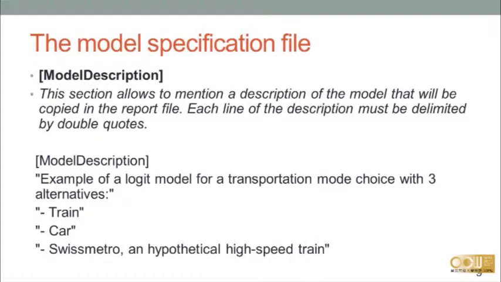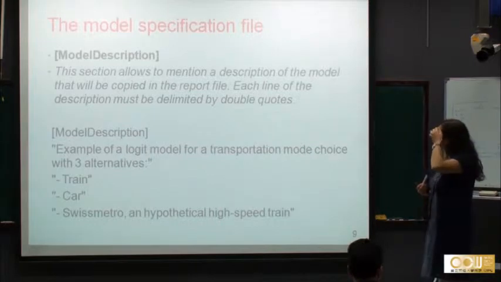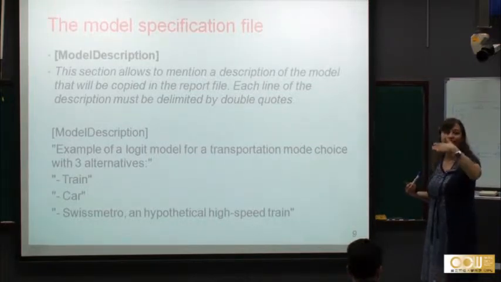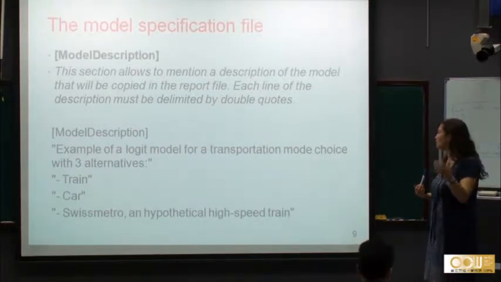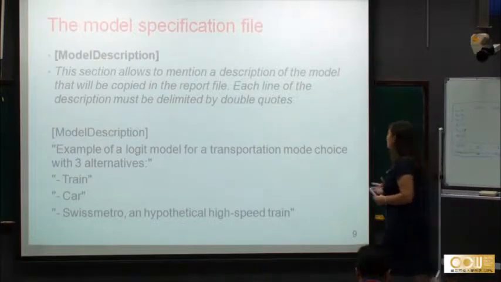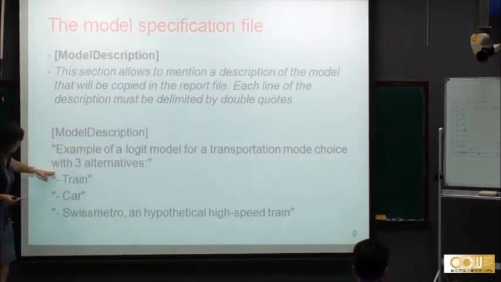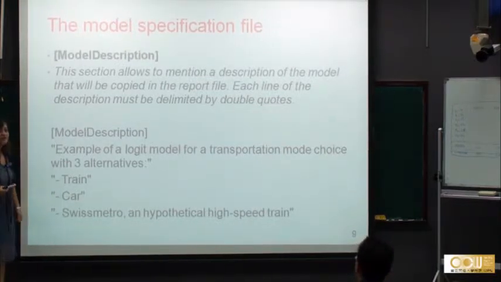Okay, as I was saying, model description is just kind of comments. What is this model? When I estimated, I'm happy with this or not. Model description means that I have a logit with 3 alternatives. Again, this is kind of comments.